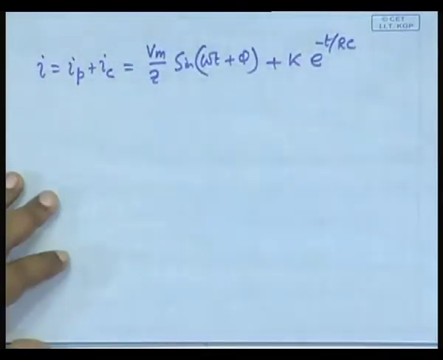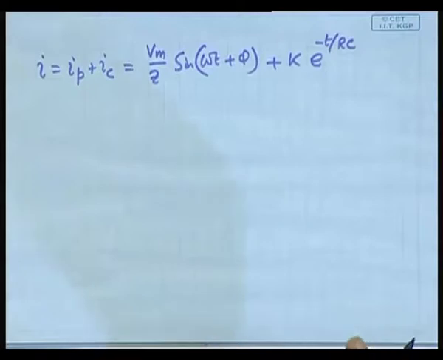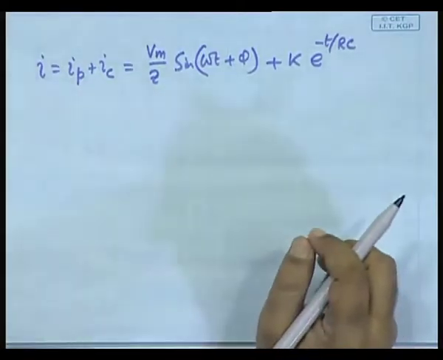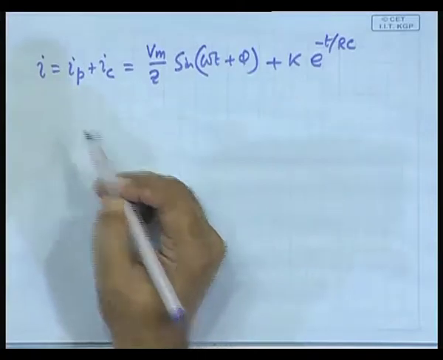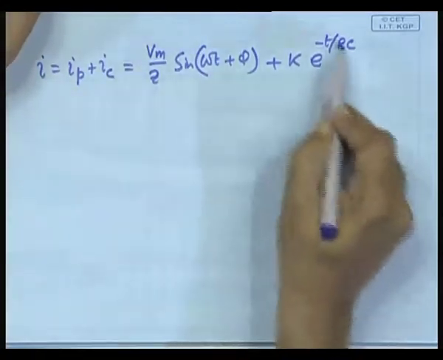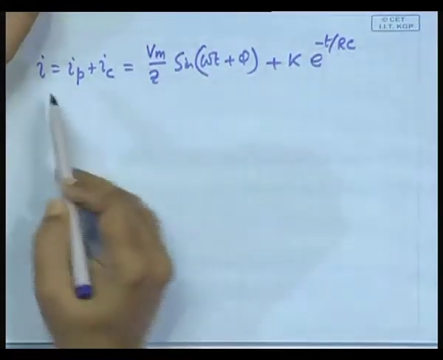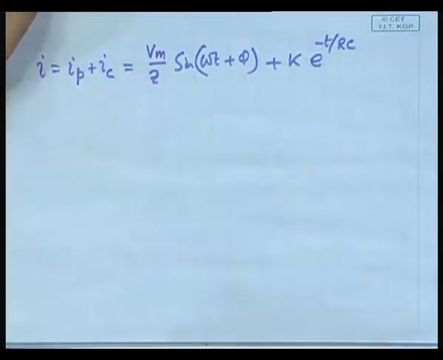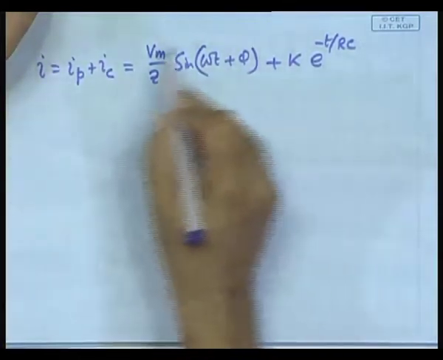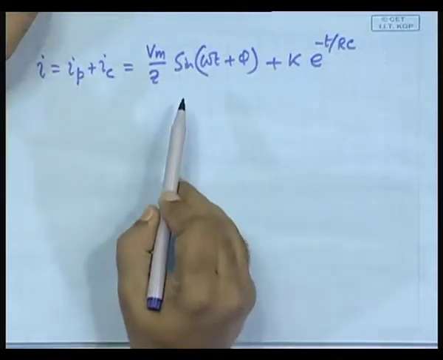So, let us start with the condition that the initial current is 0, the applied voltage has been switched on at the moment of 0 crossing. In that case the current is 0. So, this should yield 0 at t equal to 0. So, what is this side at t equal to 0?